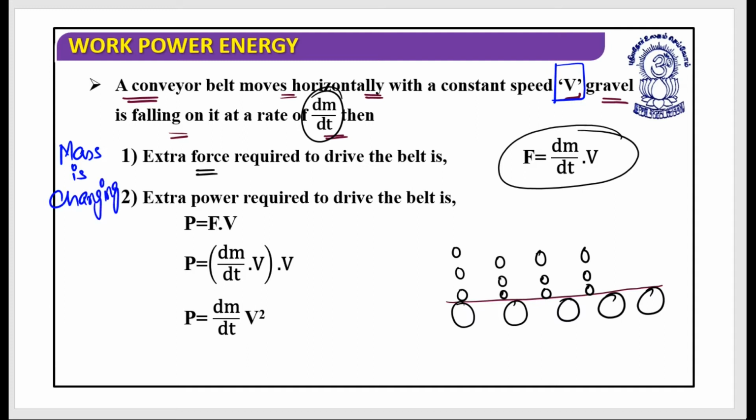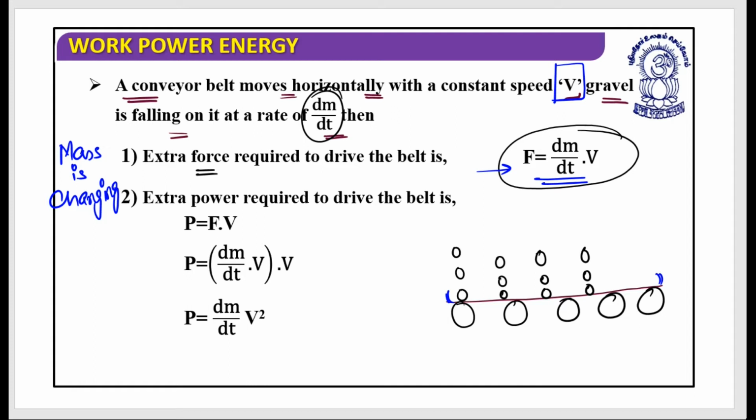So this is directly or indirectly the case of a variable mass system, because initially only the conveyor belt was there. Now we are going to drop certain gravels, and that will increase the mass of the system. Now the system contains the gravels plus the mass of the conveyor belt, and that's why we are applying a certain force over here, which could be written as F is equal to v into dm by dt.